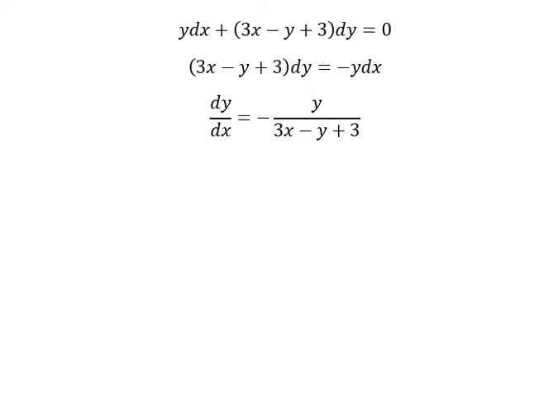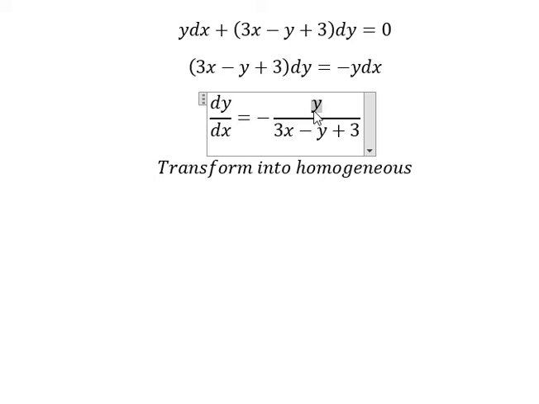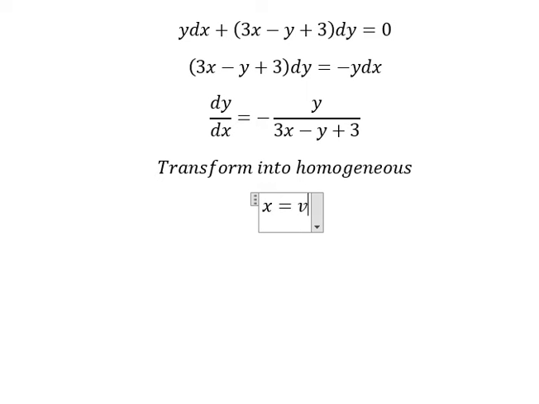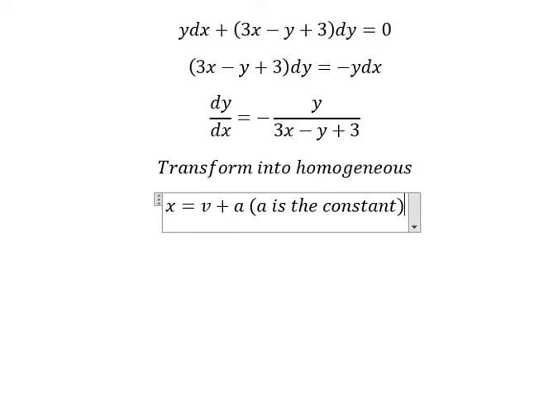So we need to transform into homogeneous. So we have y in here. They are already homogeneous on the numerator, but this one we are not homogeneous. So I will put s equal to v plus a. So a is the constant.